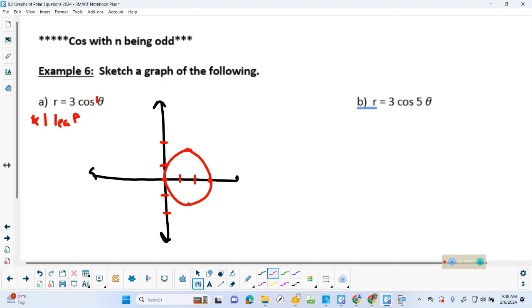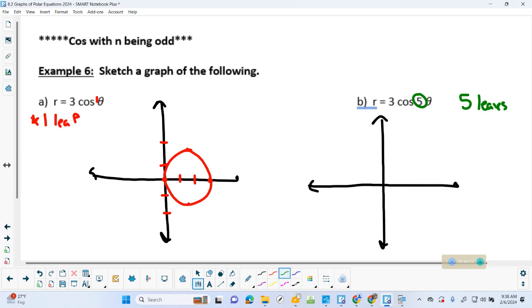All right, let's do something, obviously, that's going to be a rows. So, of course, first question, how many leaves? 5, because it's odd. Now, I like cosine, because remember, the first leaf on cosine is just the positive x-axis. So I don't even have to get too crazy here.